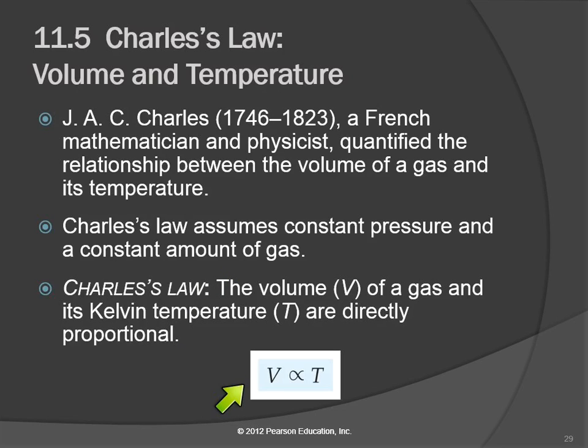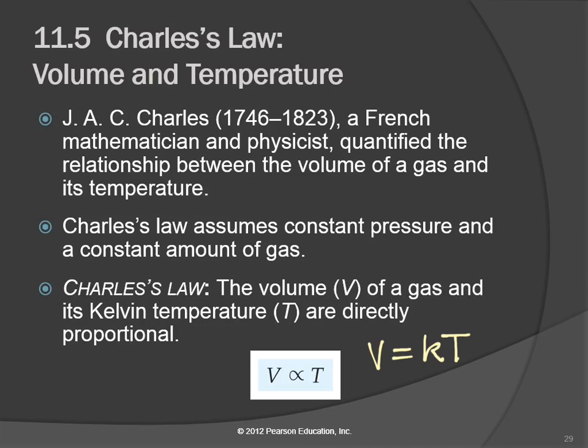And so one way to state Charles' law is that the volume is proportional to the temperature. But the temperature has to be on the Kelvin scale. Because this is saying volume is equal to some constant times temperature.